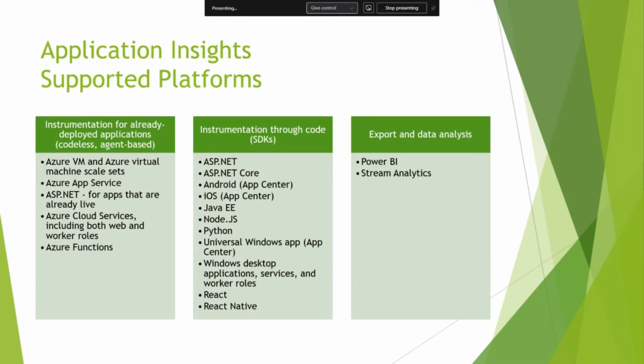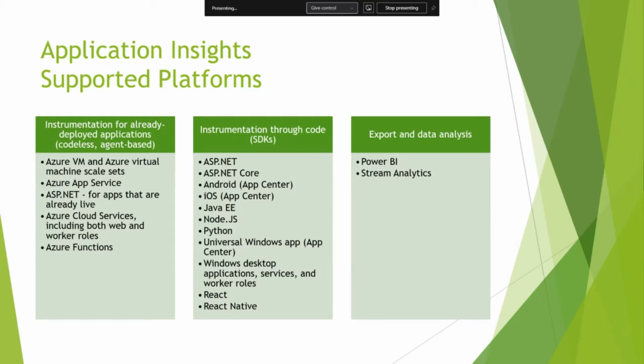Now, this is where it gets cool and where I think some people get thrown off a little bit sometimes. They're like, oh, it's only for .NET, it's only on Azure. Well, there are some codeless options and deep integrations on the Azure platform for things like VMs, app services, and functions. But you can also install agents into on-prem VMs. You can also run it through the SDK with console apps.